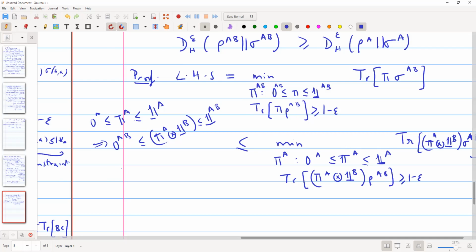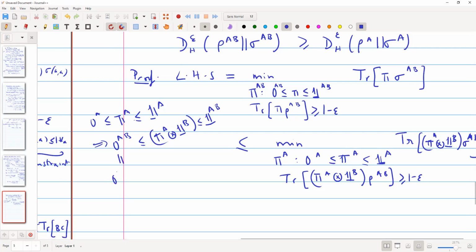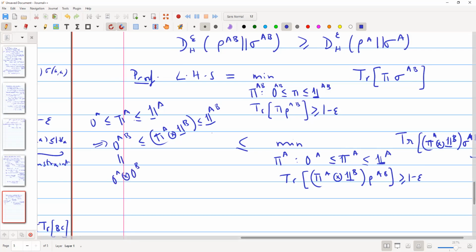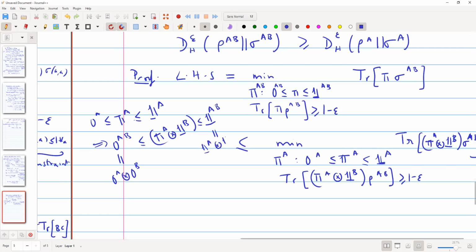So easy to see because 0AB, you can see it's actually a tensor product of 0A times 0B, and this is also a tensor product of identity on A times identity on B.